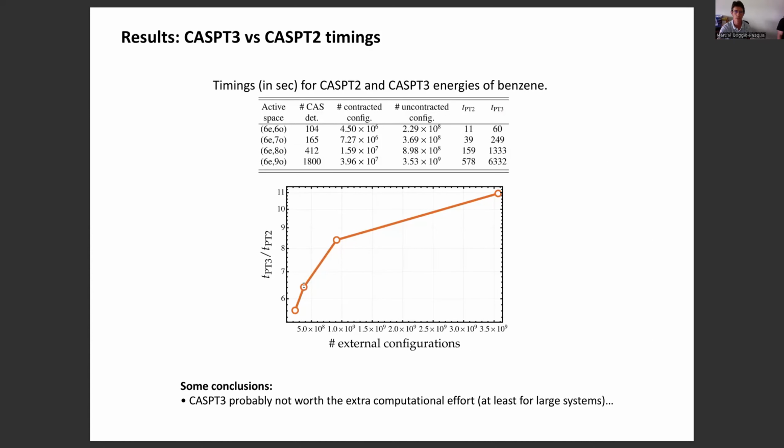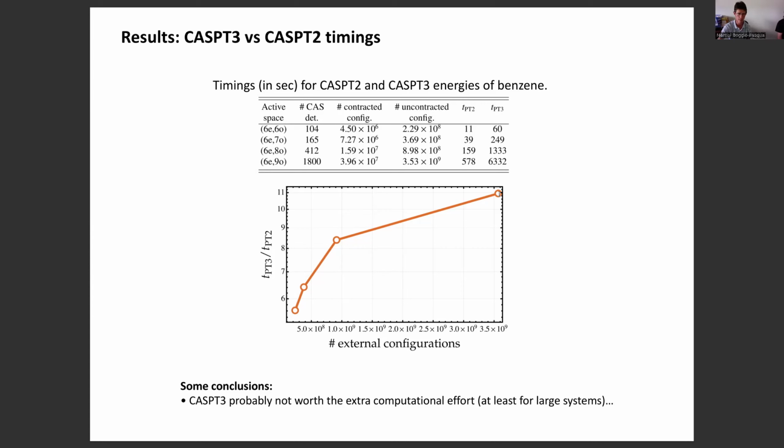Now, this is just a slide to show you the timings and the comparative timings between CASPT2 and CASPT3. We took the example of a calculation on benzene with different sizes of active spaces. And we see that the ratio between the cost for CASPT3 and CASPT2 becomes important when the size of the active space increases.